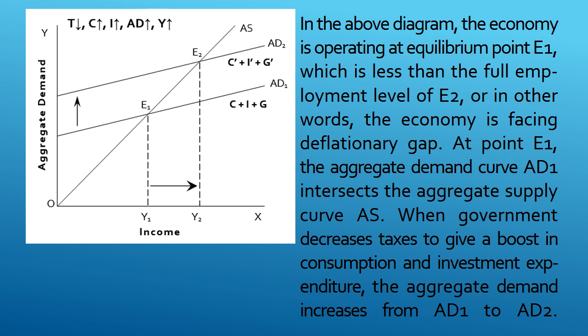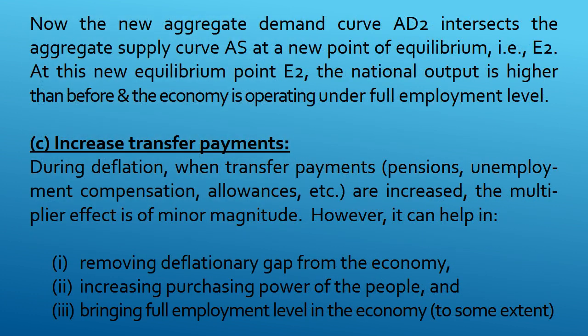When government decreases taxes to give a boost in consumption and investment expenditure, the aggregate demand increases from AD1 to AD2. Now the new aggregate demand curve AD2 intersects the aggregate supply curve AS at a new point of equilibrium, that is, E2. At this new equilibrium point E2, the national output is higher than before and the economy is operating under full employment level.